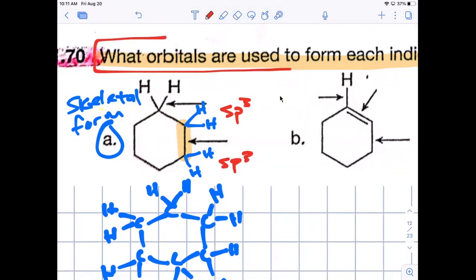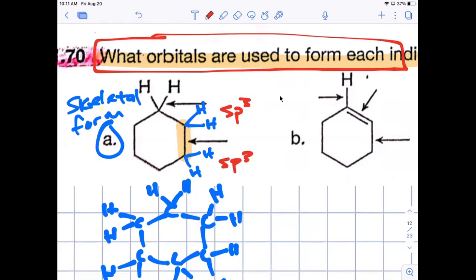So back to the question. What orbitals are used to form each individual bond? So for that sigma bond between those 2 carbons, what's overlapping to make that sigma bond? The p orbitals? If it was p, it would be a pi bond, right? Yes.